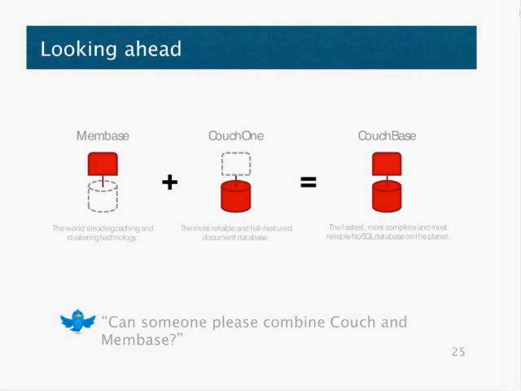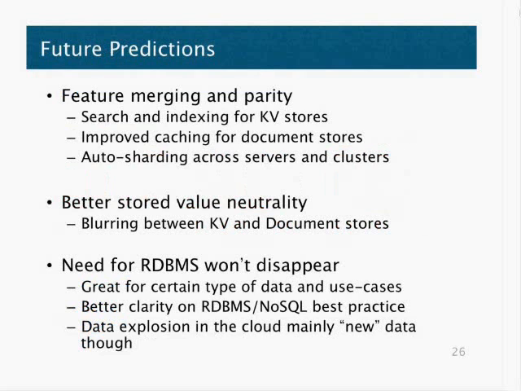Lastly, let me take a step back and try to see where I see the whole data layer in the cloud, the NoSQL market, heading. What we already are observing is that there is a merging of features happening. In the beginning, different products had different strengths and would leave out entire functionality areas.